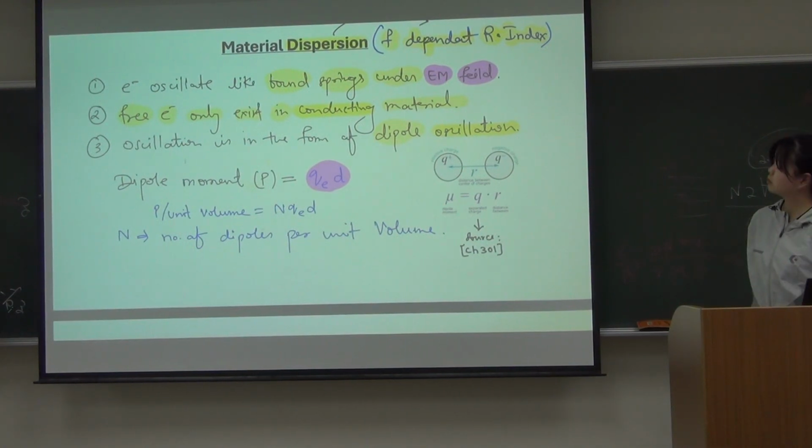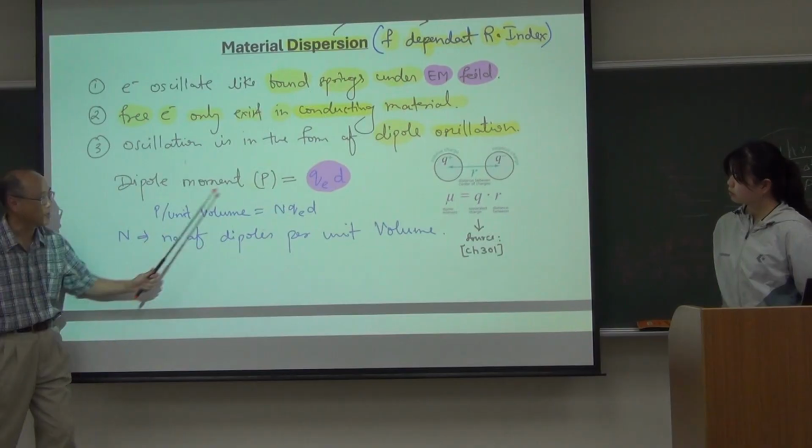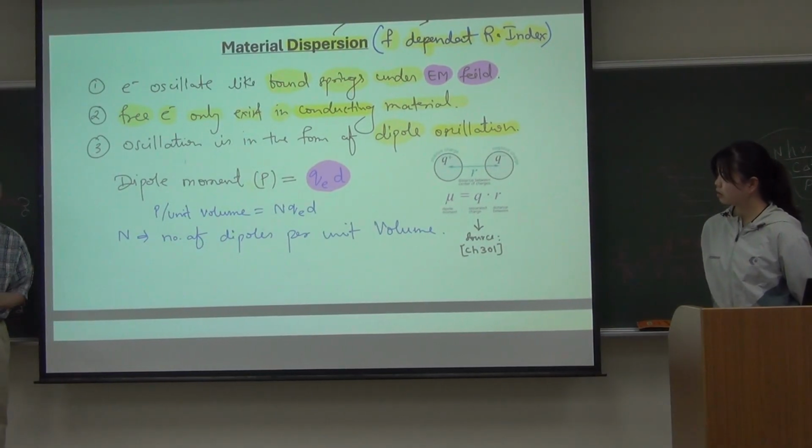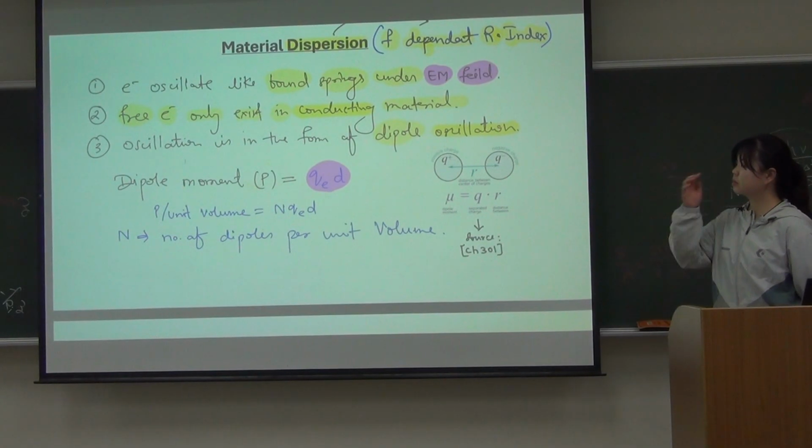And that is how we define polarization density vector. So this is dipole moment. If you multiply these two together, then that is the polarization density vector. Okay, 就是我们经常讲的这个 P. You talk about P, another P.